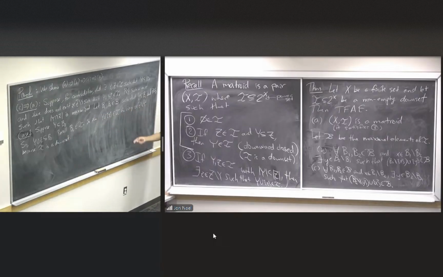And there must be some such thing because Z is bigger than Y. But we chose these so that no such z existed. So that's a contradiction immediately.